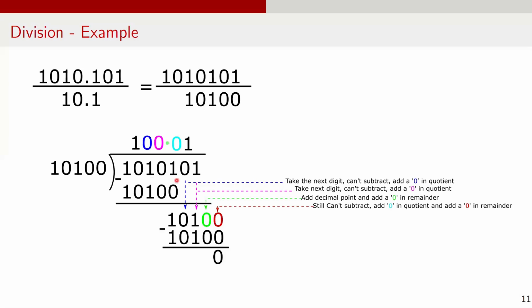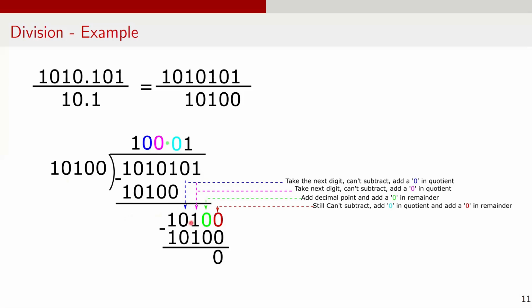If we take the first 5 digits, we can subtract the divisor one time from it and the remainder is 1. Then we copy over the next digit, which is 0, and check if we can subtract the divisor from here. But no, so we add a 0 in quotient and copy over the next digit, which is a 1.